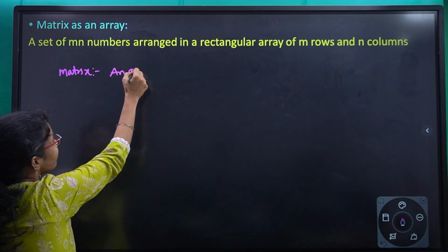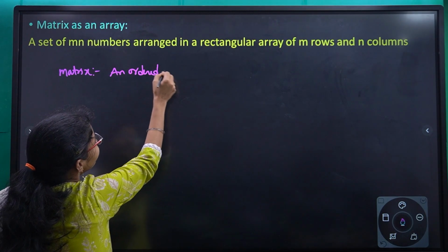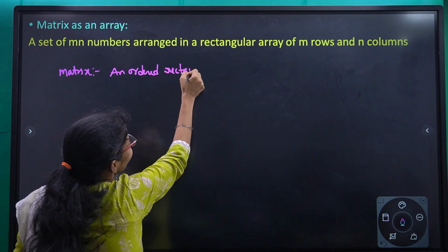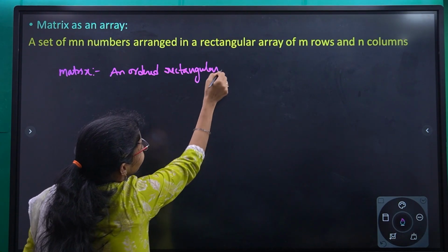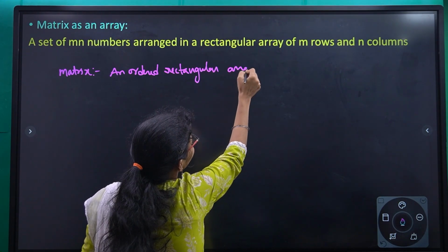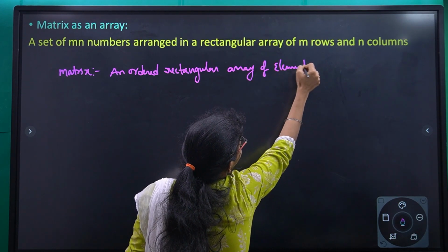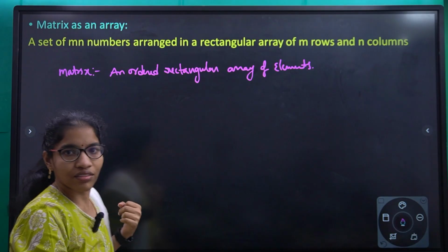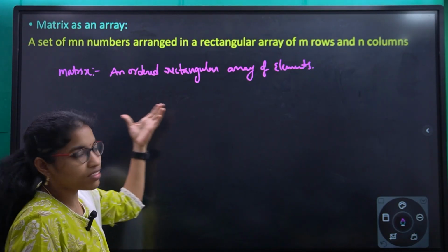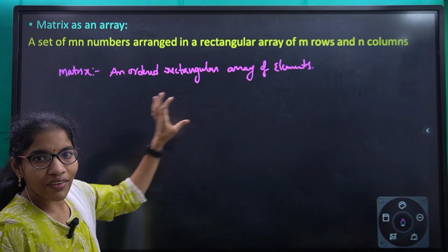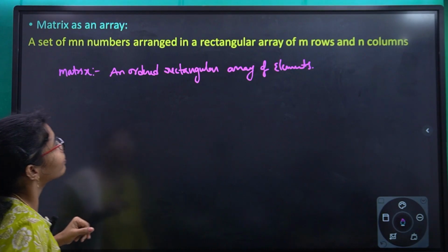An ordered rectangular array of elements, you can say it as a matrix, right? Elements means the terms inside the matrix. Those are called elements of the matrix.